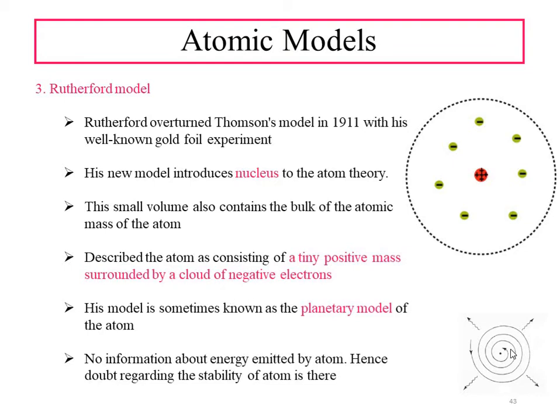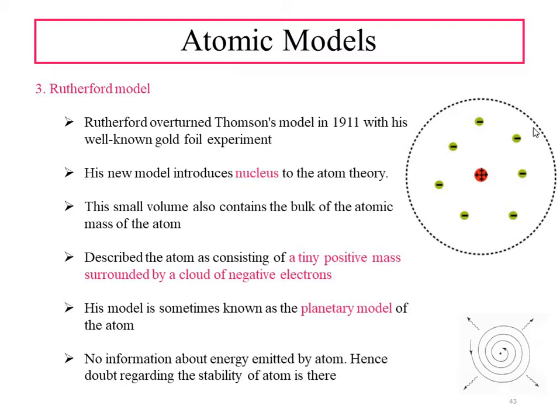If some energy is emitted, as you can see in this figure, and it goes out, the electron will lose its energy, spiral, and collide or fall into the nucleus. That is the disadvantage of this atomic model.